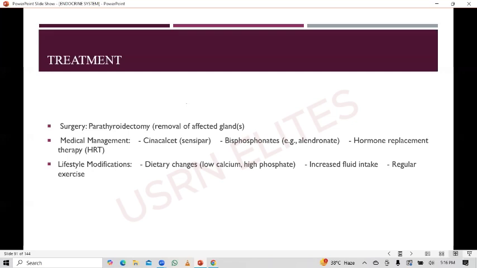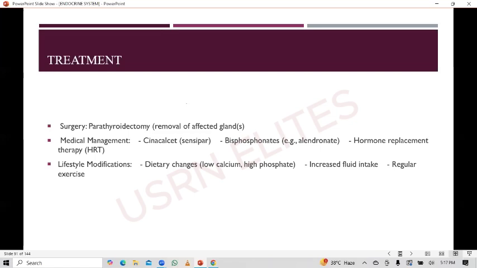Then the cinacalcet can also be given to reduce the amount of hormone being produced. Then we have the hormone replacement therapy. Now, someone can ask: why is it that here you have to replace hormone? Let's take note. One other cause of hyperparathyroidism is also hypoparathyroidism.